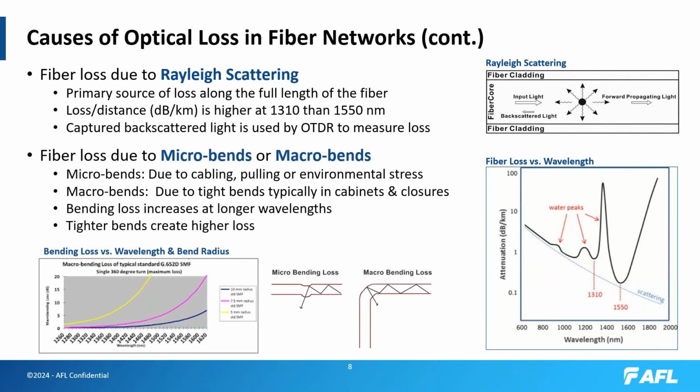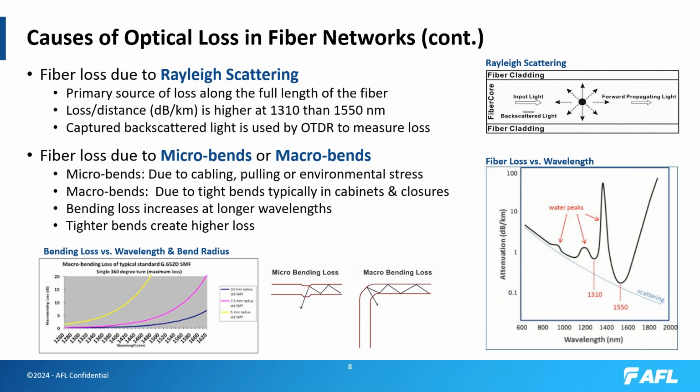You can also have loss in your fiber due to microbends or macrobends. Microbends occur due to cabling when the pulling actually stresses the fiber. It could also occur due to environmental stress. If you get water in your cable and then it freezes, it puts pressure on the fiber and will create these microbends. Macrobends are due to tight bends, typically in cabinets and splice closures.